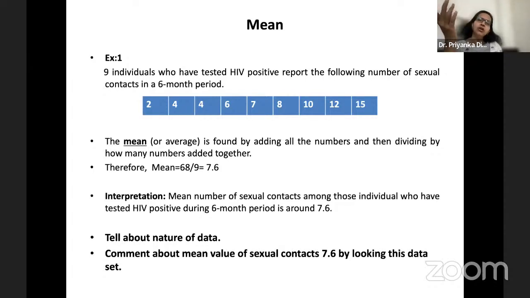Whether it is a continuous value or a code, we can apply it. So mode we can apply everywhere. Median we can apply if the variable is continuous or ordinal. Mean we can only apply if the variable is on a continuous scale. Okay? So this is clear.